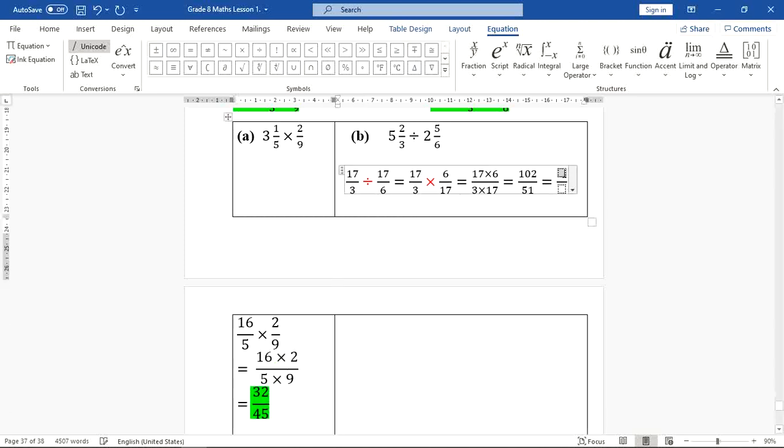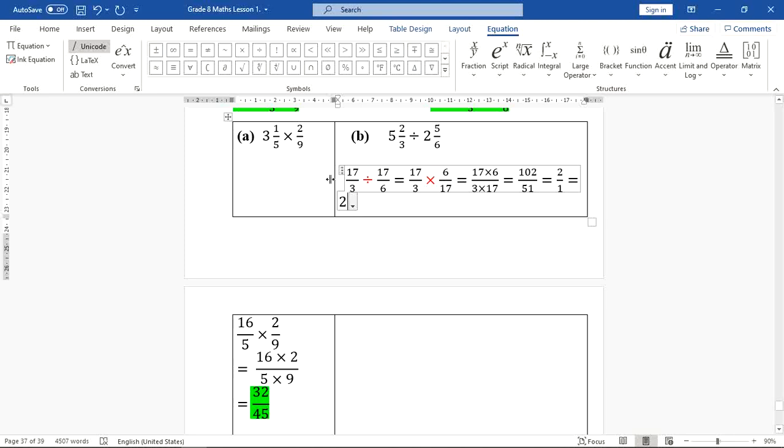So the answer will be 2 over 1. Or you can use the fact that the two numbers can both be divided by 3. 102 divided by 3 will give you 34, and 51 divided by 3 will give you 17. Then 34 divided by 17 will give you 2. So 2 over 1 is just 2 anyway.